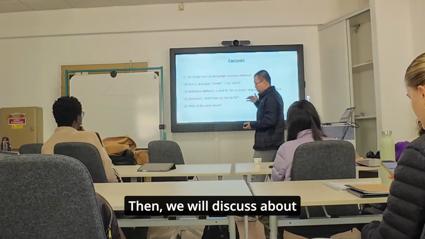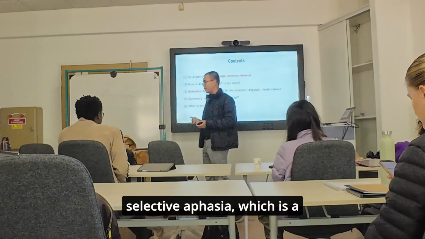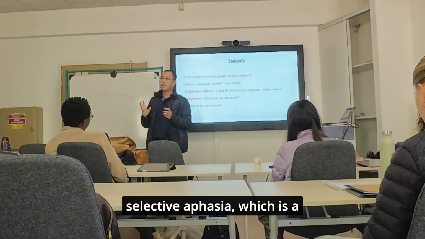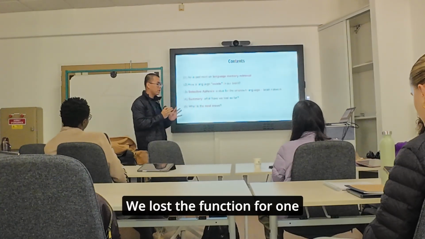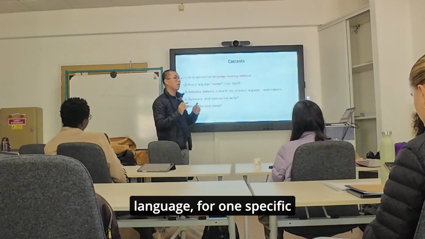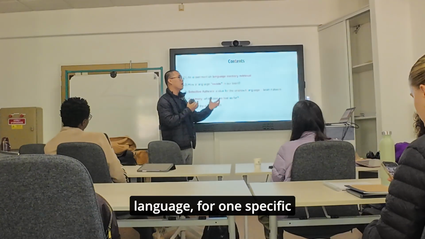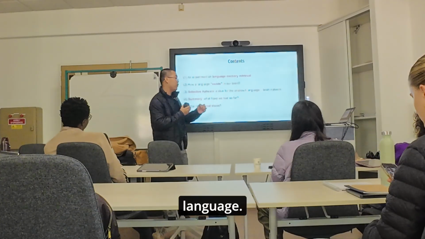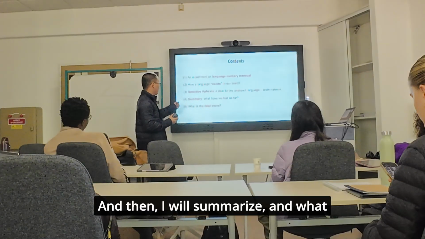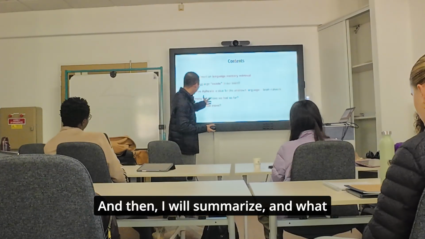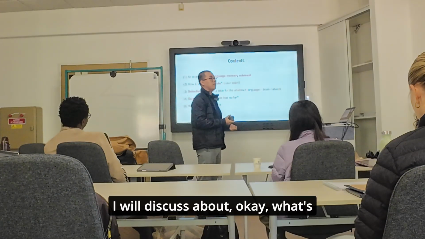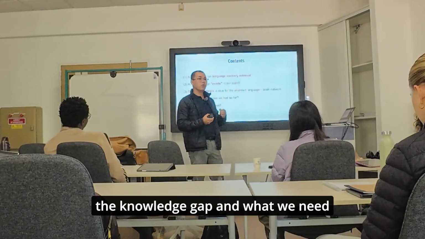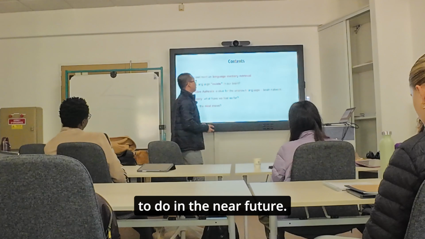Then we will discuss selective aphasia, which is a language disorder where we lose the function for one specific language. Then I will summarize what we have had so far, and what the next move is. I will discuss the knowledge gap and what we need to do in the near future.